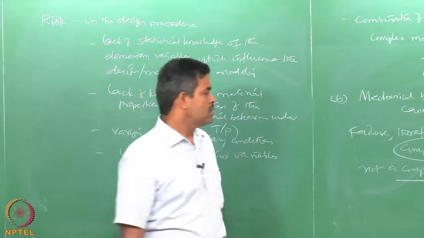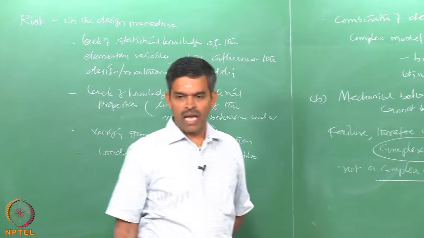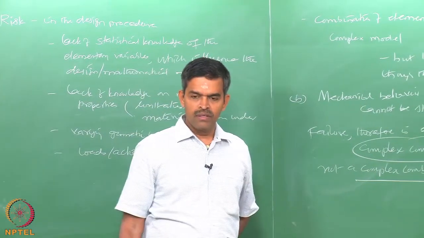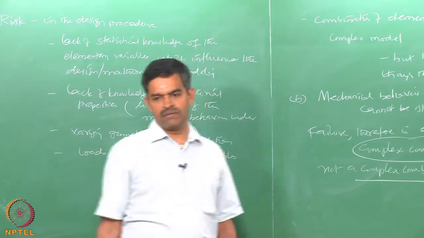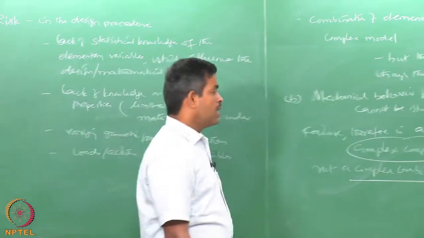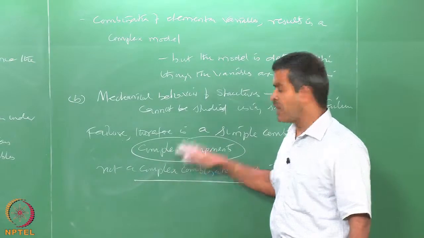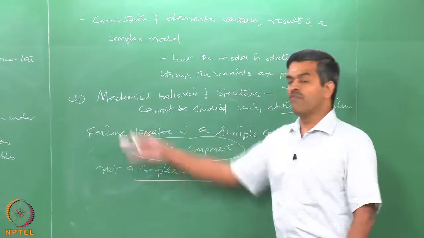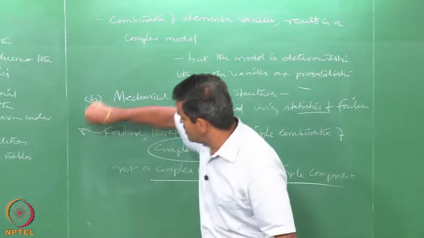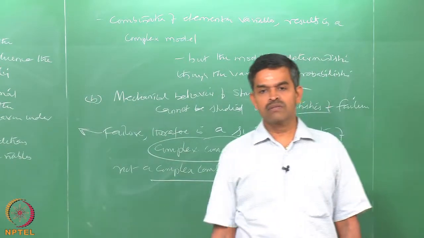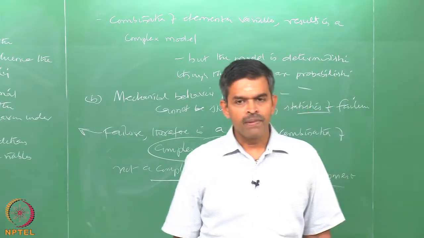So, therefore, system reliability and component reliability are to be equally looked at, so that a simple combination of complexities arising from the components can lead to a failure which can be assessed as a part of system reliability.